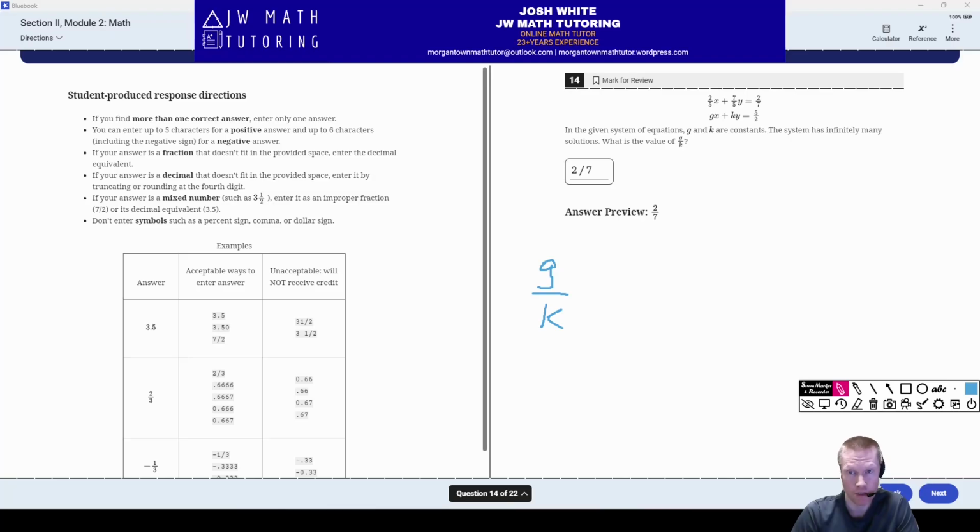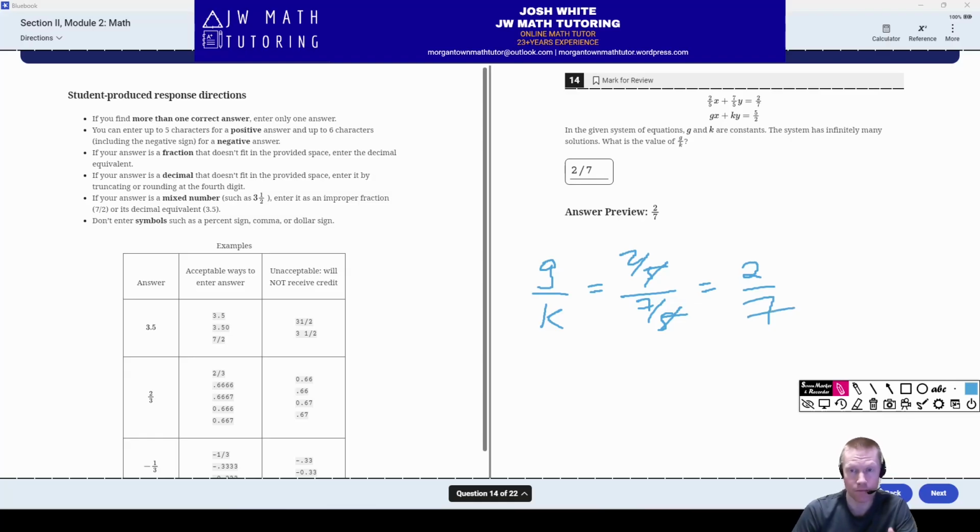So the ratio of g over k, in other words, the ratio of the x coefficient to the y coefficient, has to be equal to the same things in the other line. So it has to be equal to 2/5 over 7/5. So cancel the 5's out, and g over k just becomes 2 over 7.